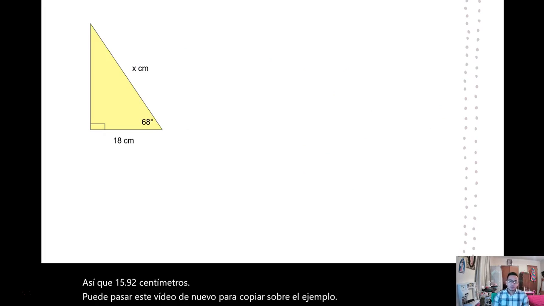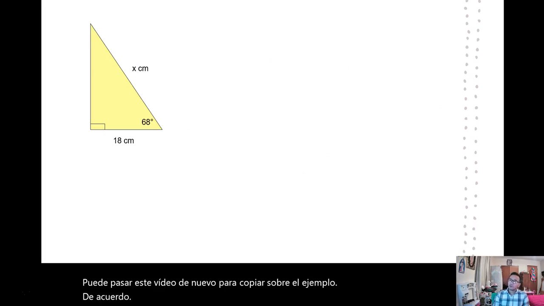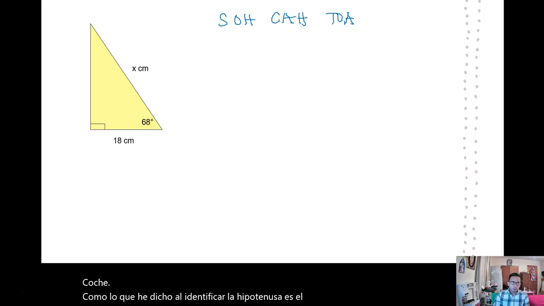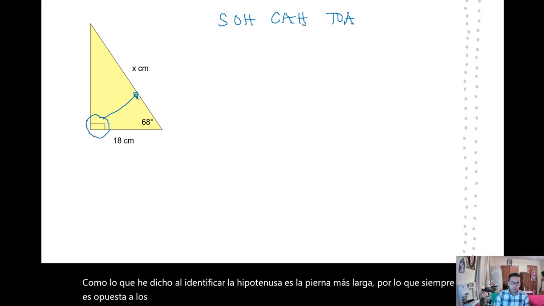Okay. Next, we have this example. SOHCAHTOA. As I have said, in identifying the hypotenuse, it's the longest side, so it's always opposite of the 90 degree angle. Therefore, this one is the hypotenuse, so your x is your hypotenuse.